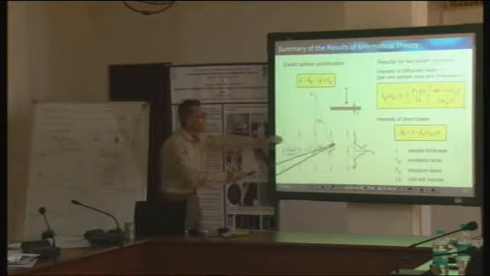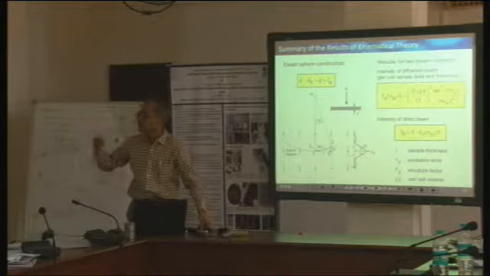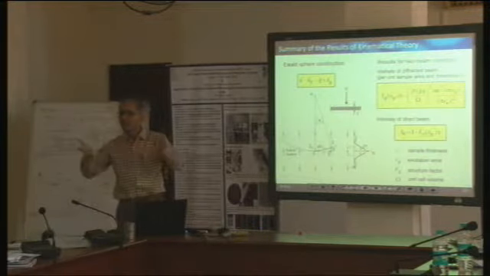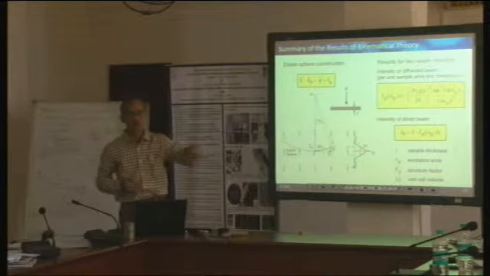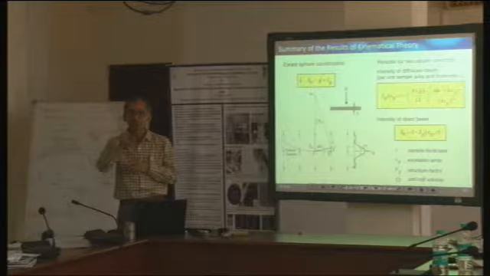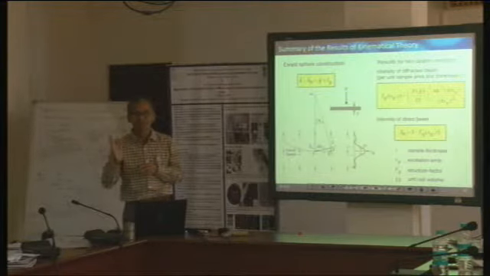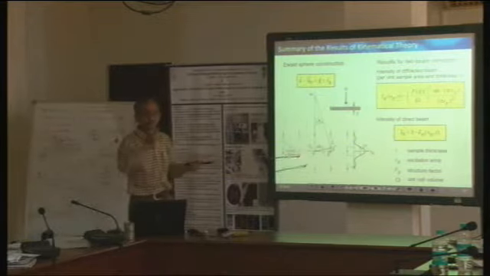Now I have this Ewald sphere, and we know that the Bragg diffraction condition is satisfied wherever the Ewald sphere cuts a reciprocal lattice point. In this case, it doesn't even have to be a lattice point.